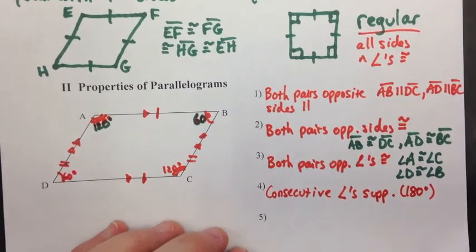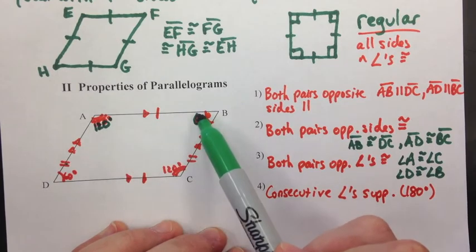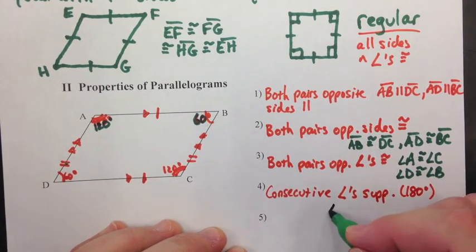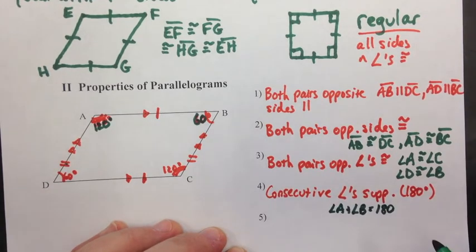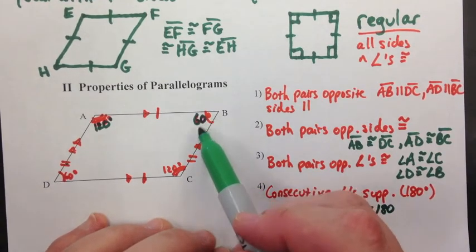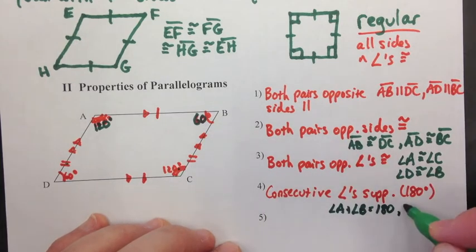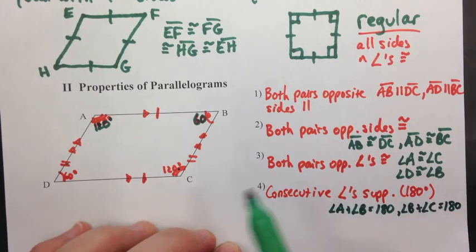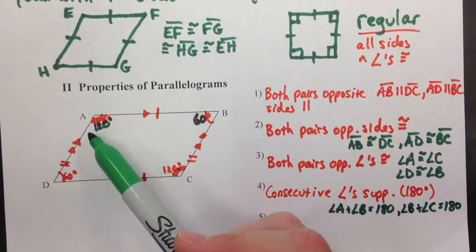So as an example, we could say angle A plus angle B equals 180. You could also say, keep traveling, angle B plus angle C equals 180. They're supplementary, they add up to 180. You could also say angle C plus angle D and angle D plus angle A.